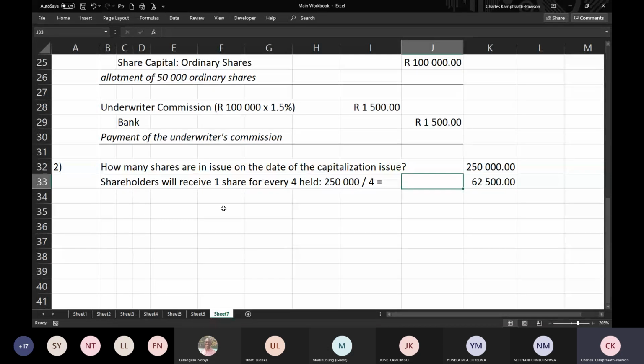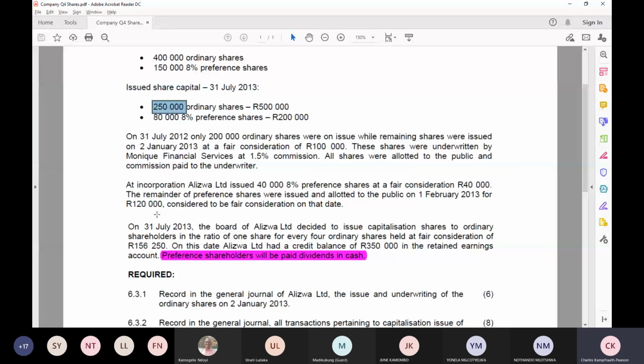Everybody happy with that? Now let's do the journals. The fair value of this issue is 156,250, and there is enough money in the retained earnings account, because the retained earnings is 350,000.